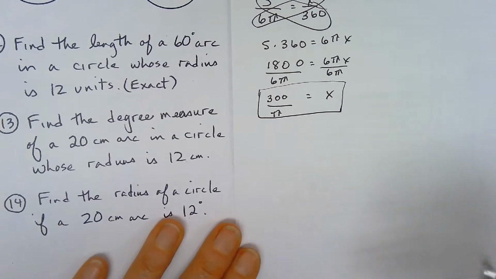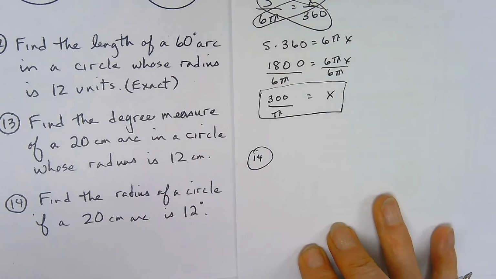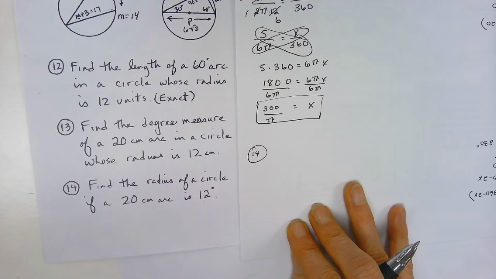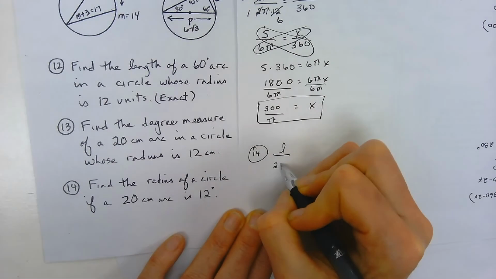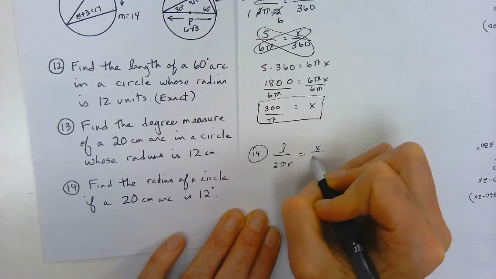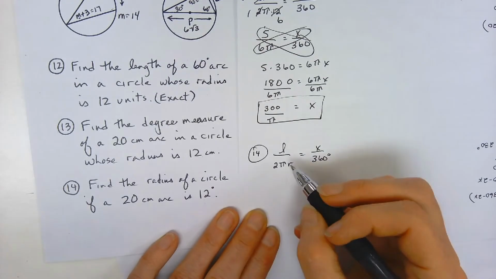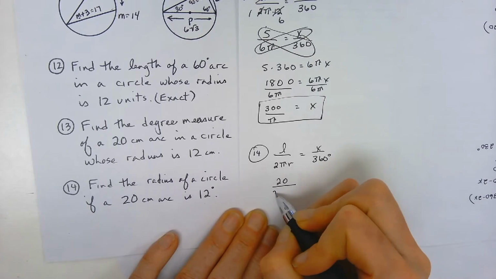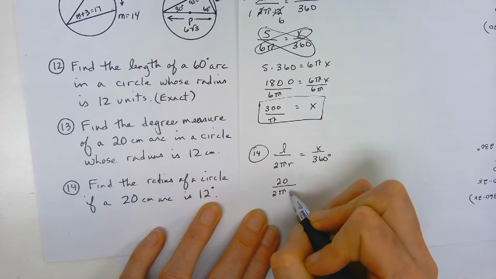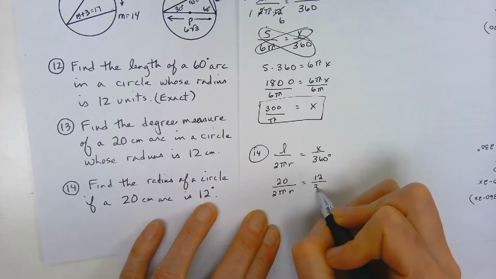Number 14, we'll use the proportion again. L over the whole circumference equals x over the whole measure in degrees. We're asked to find the radius, and we're given the length of 20 over 2 pi, and a radius we don't know. The angle degree is 12 over 360.